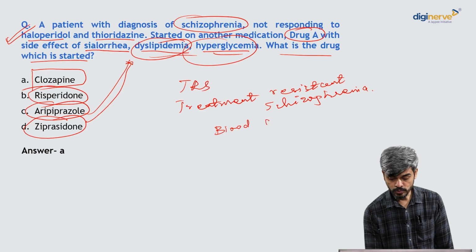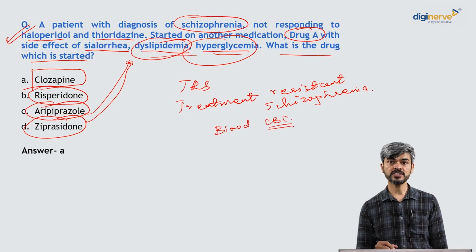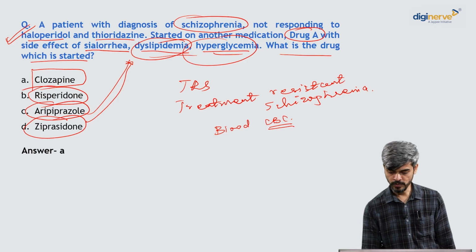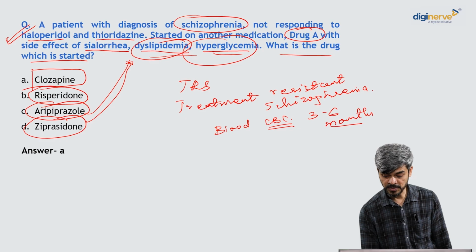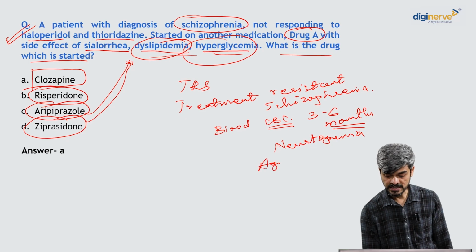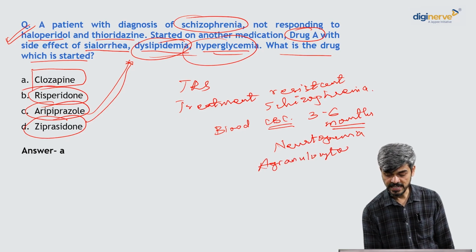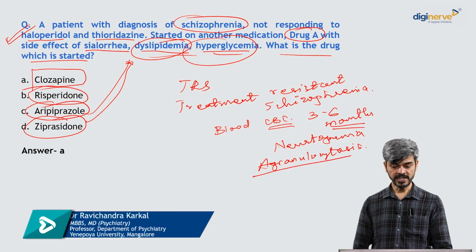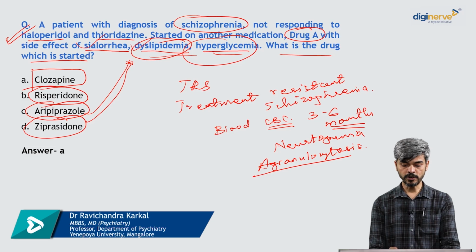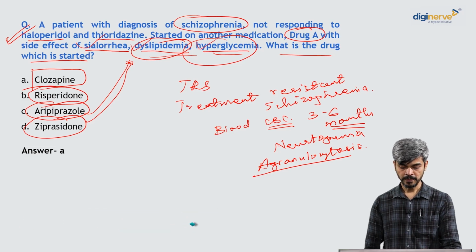You need to do a complete blood count every week for the first 3 to 6 months, just to ensure that the person doesn't develop agranulocytosis or neutropenia, right. Agranulocytosis is a severe problem that one can see with the use of clozapine. It's an adverse effect which you need to monitor, correct? In addition, all these other problems can also be seen. So the answer is clozapine here. Thank you.